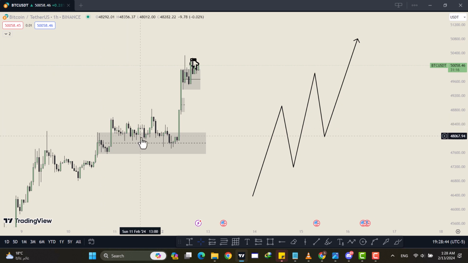It retraced, right? And then after price is done retracing, it will expand higher. So internal range liquidity to external range liquidity. Here we go. Expansion higher, returning to a fair value gap right here, and then expanding higher. And then retracing, expanding, and so on and so on.